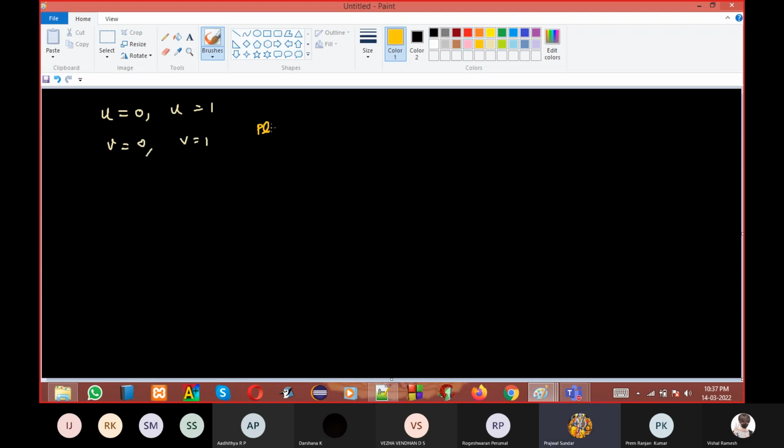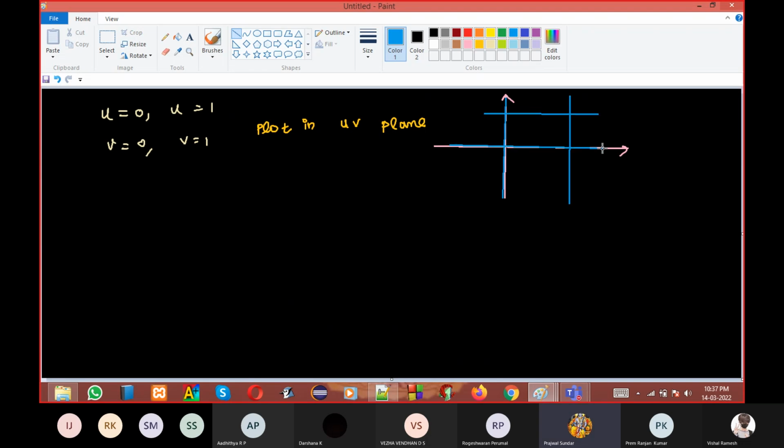Now plot in the uv plane and see what you are getting. This is u equal to 0, because this is the uv plane. This is u equal to 0, this is u equal to 1, this is v equal to 0, this is v equal to 1. What is the bounded region now?